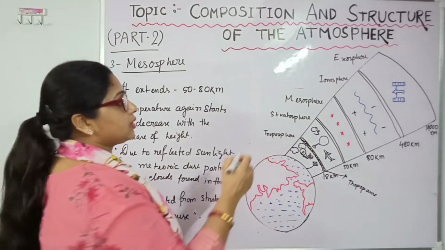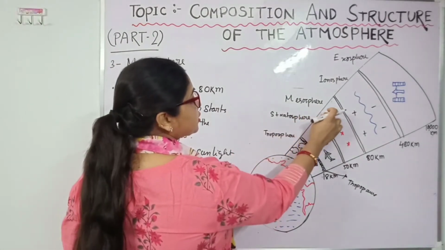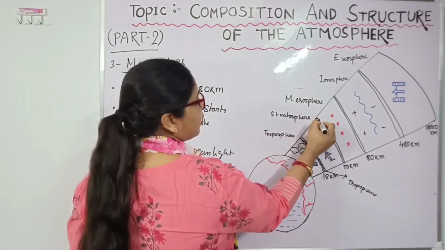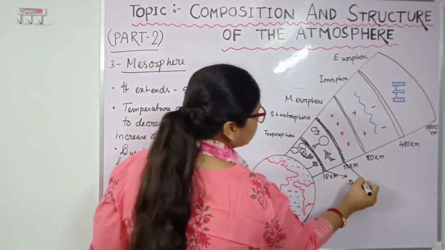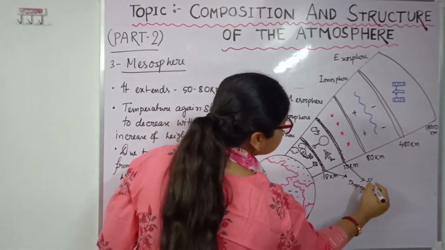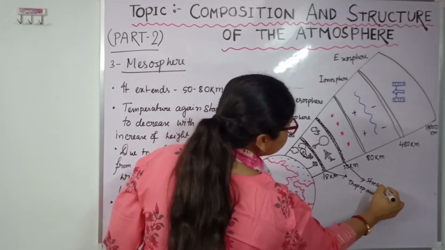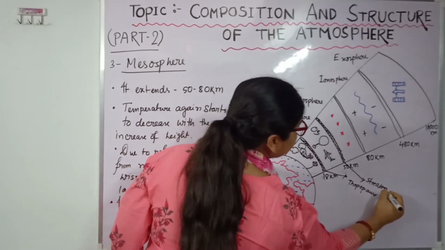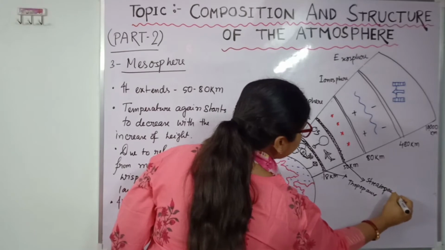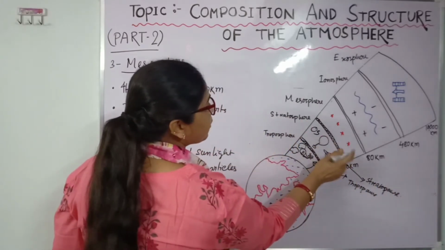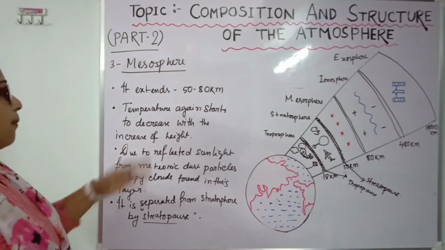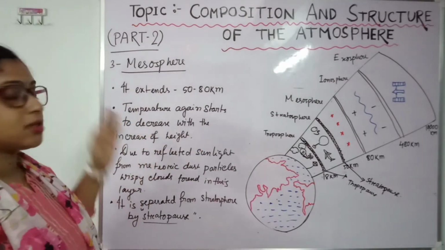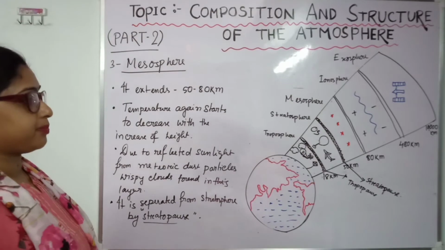One more thing: the boundary between the mesosphere and the stratosphere is known as the stratopause. The stratosphere is pausing here, that's why the mesosphere starts. Clear? So these are the important features of the mesosphere.